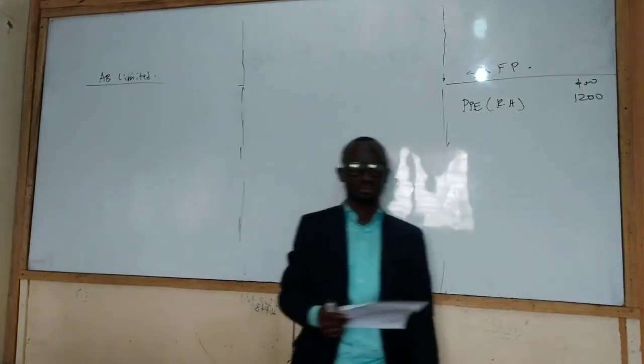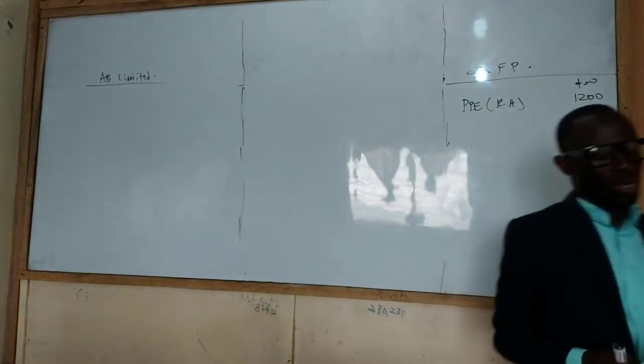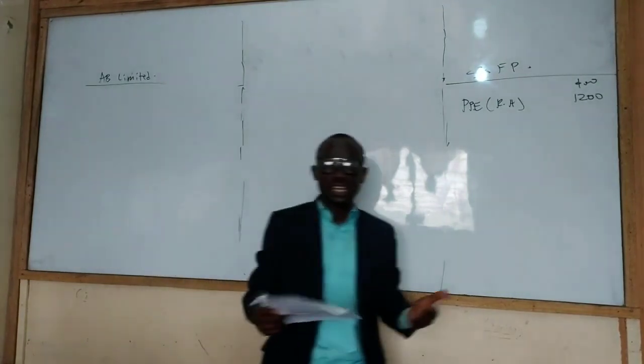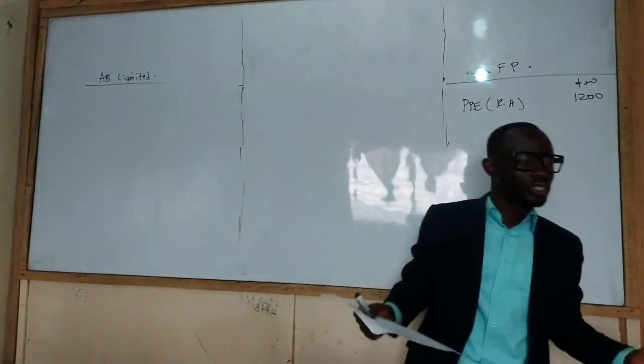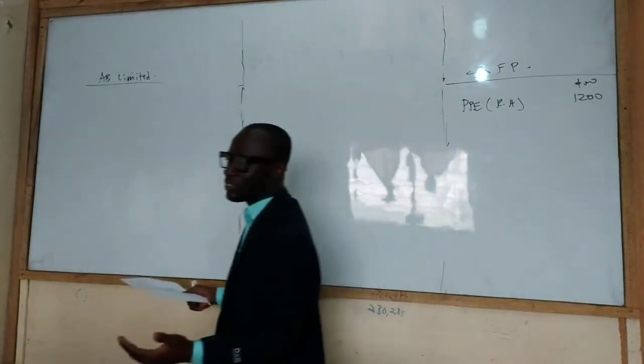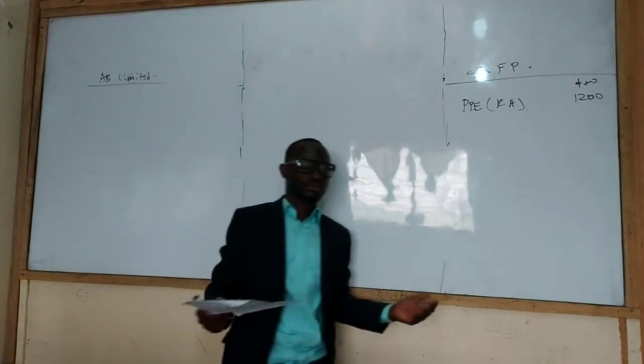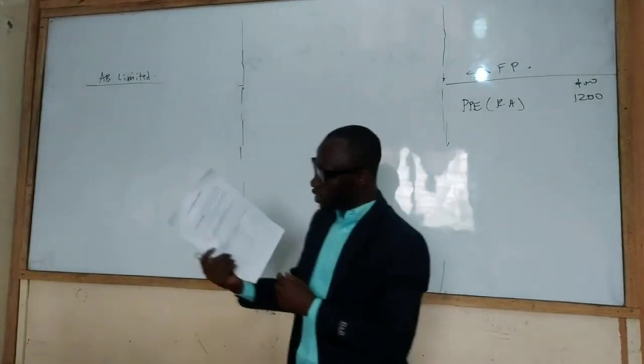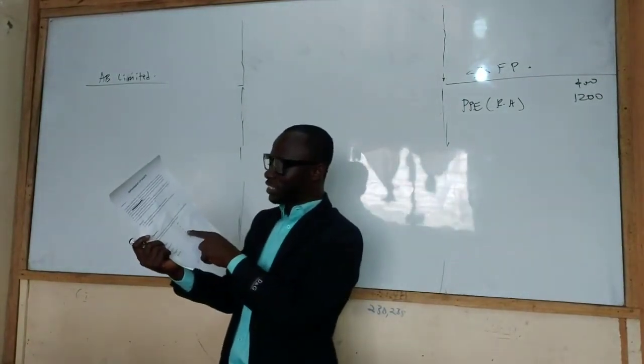What does it mean? If we say some vehicles were stolen and they were uninsured, how do we treat that? Is that an impairment? Is it a loss? Because the total vehicles of the company is 90.